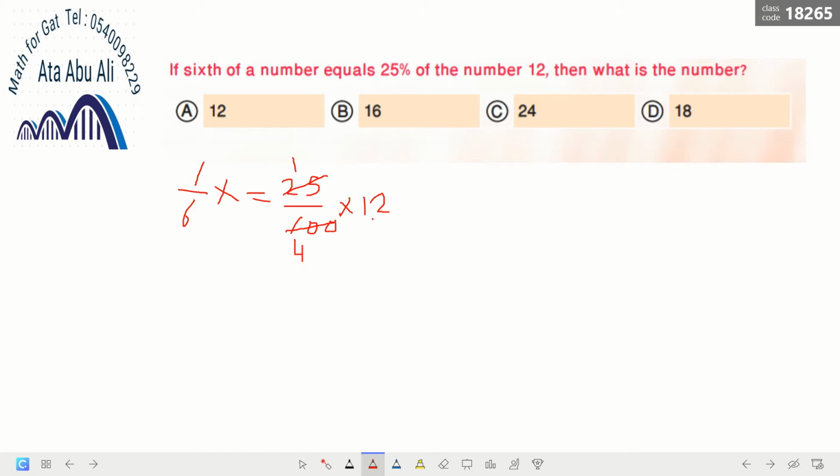That means 12 divided by 4 is equal to 3. So 1 over 6 times x is equal to 3. If I multiply both sides by the reciprocal, which is 6 over 1, then 6 divided by 6 is 1, so x is equal to 6 times 3, which is 18. So the answer here is 18.